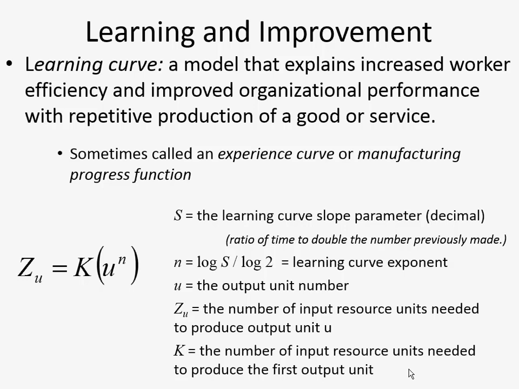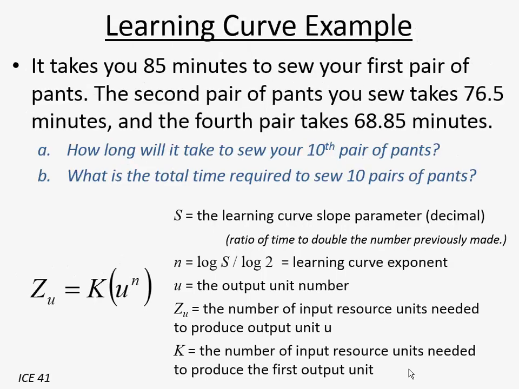It's just whatever output number you're trying to find out how long it takes for. And then finally, K is the amount of time or whatever it is we're measuring. It's not always time that's used in this function, but it's the amount of something required to complete a task. And so it's the first time you did it, you start with K. So let me illustrate this with an example.